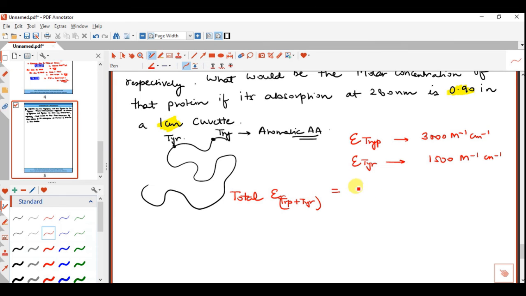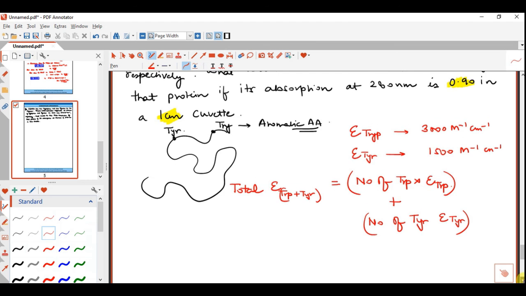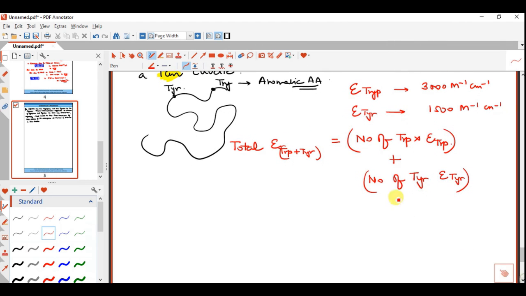Number of tryptophan into epsilon of tryptophan, plus number of tyrosine into epsilon of tyrosine. If you do this, then this would be done.